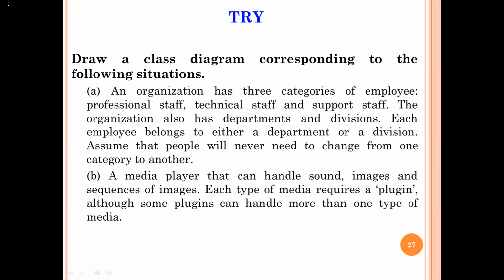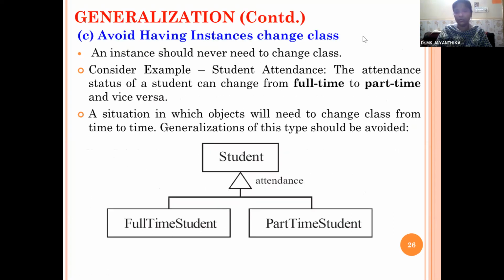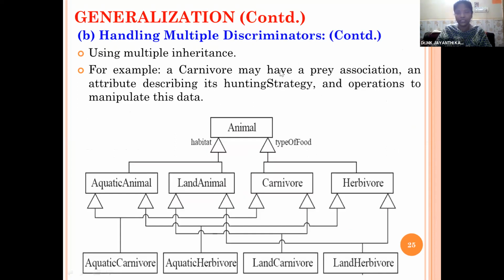Please go through the content of what is generalization and what is association. Now we have discussed what association and generalization are and how they are represented. We should avoid overlapping and unnecessary generalization.